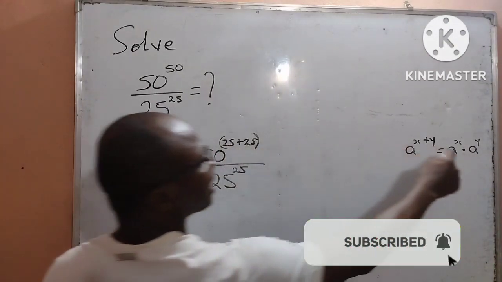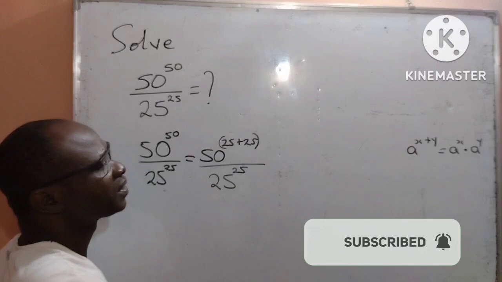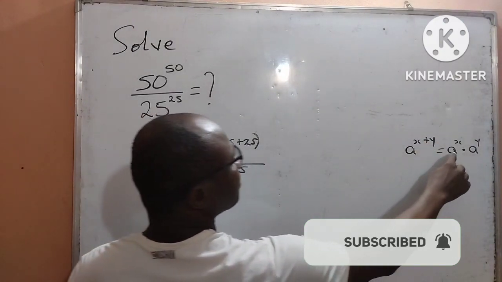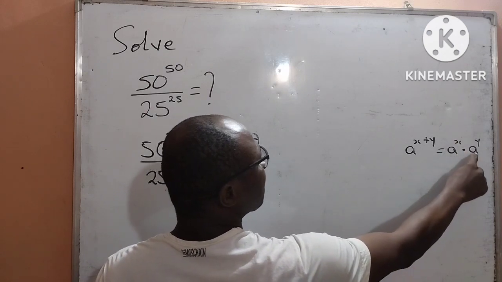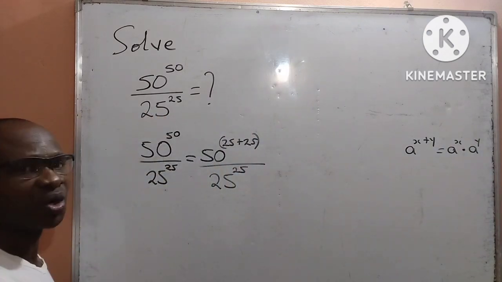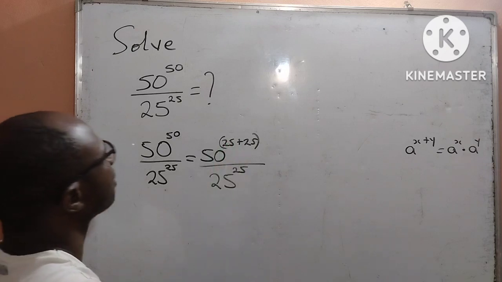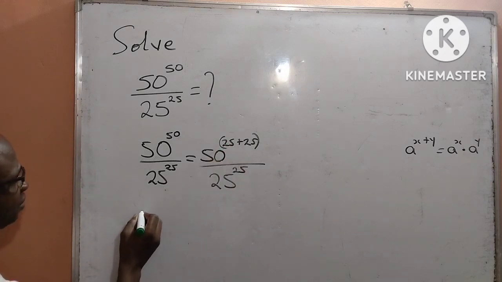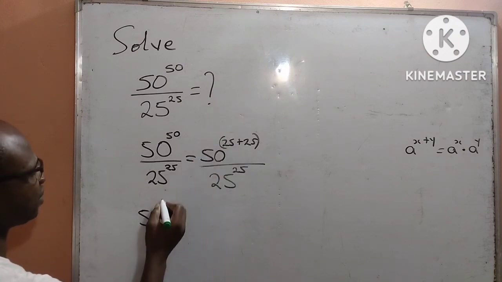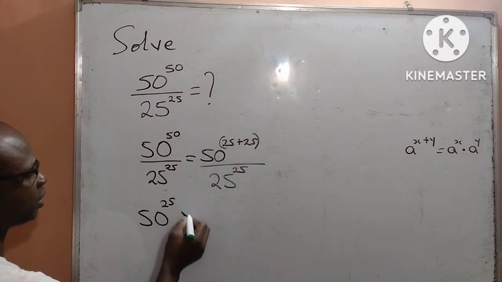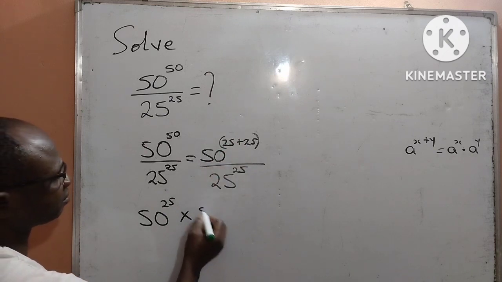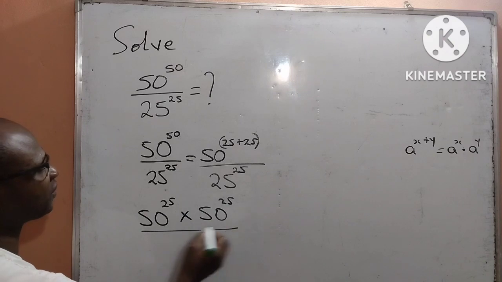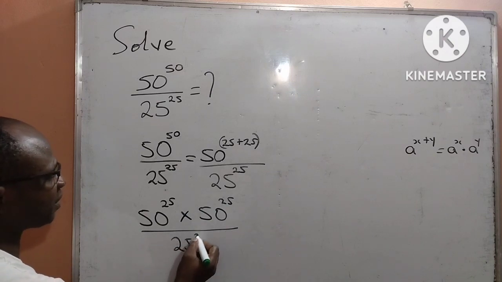So at the numerator, I can now apply this law, that a to the power of x plus y can be written as a to the power of x multiplied by a to the power of y. Applying that here, what I will now have is 50 to the power of 25 multiplied by 50 to the power of 25 again, all divided by 25 to the power of 25.